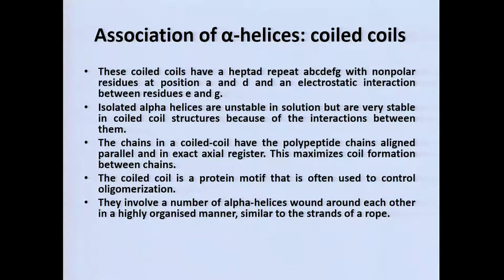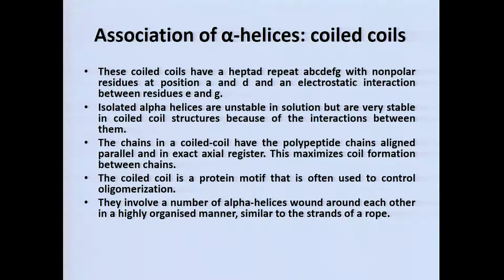So let's go through this slide. These coiled coils that we have discussed have a heptad repeat with A, B, C, D, E, F, G, with non-polar amino acids at positions A and D, and electrostatic interaction between E and G. These isolated alpha helices are unstable in solution, but in the form of the coiled coil, these interactions actually make them very much stable.